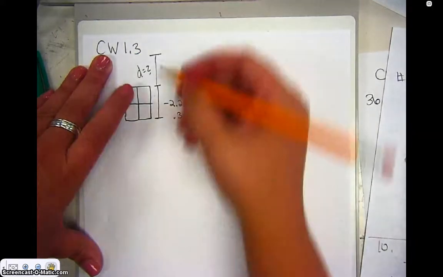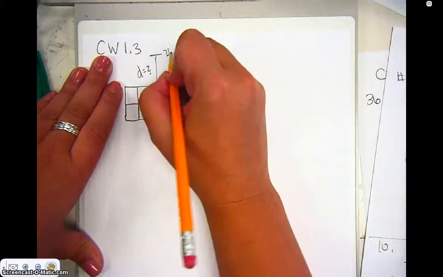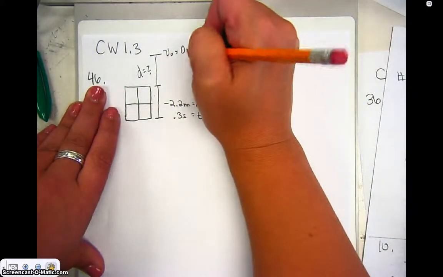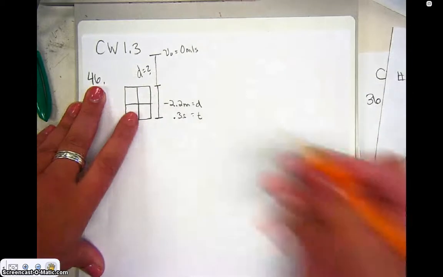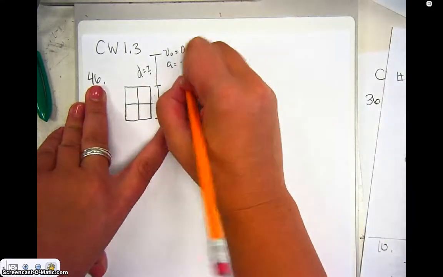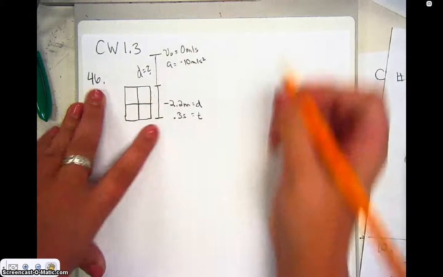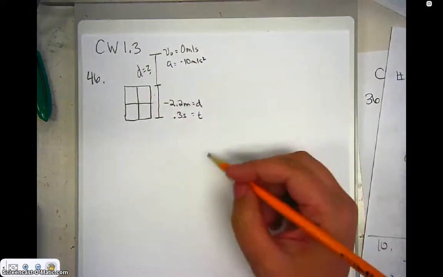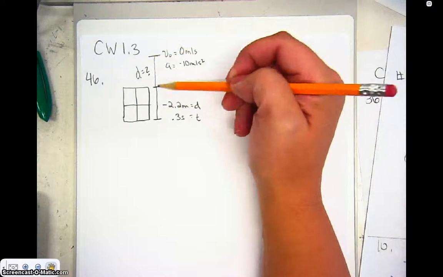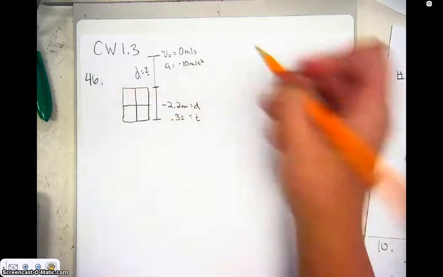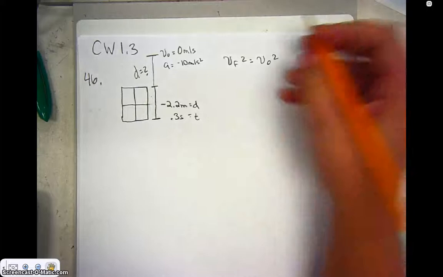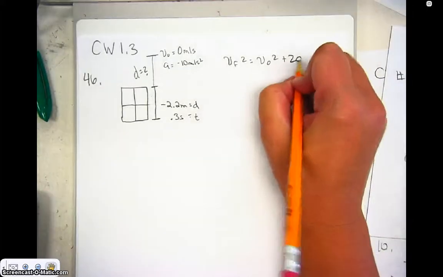Some things that we know from up here is that if it was dropped, the initial velocity up there is going to be 0 meters per second. And I know acceleration is equal to negative 10 meters per second squared. So what we need to solve for this D is velocity final, so that we could use this equation, Vf squared equals V initial squared plus 2AD.